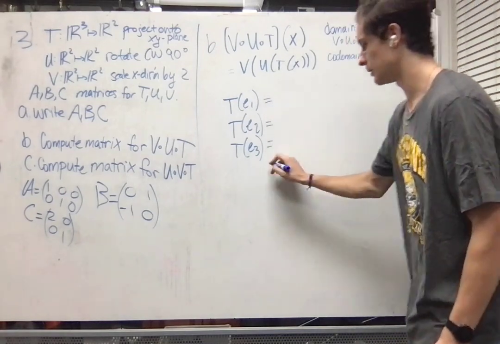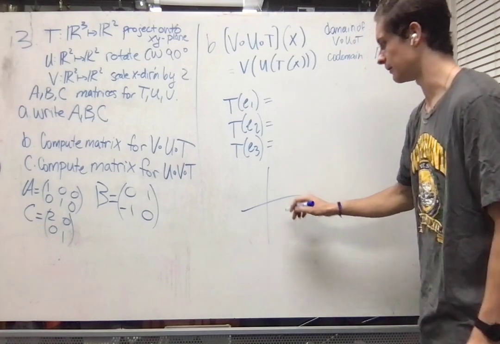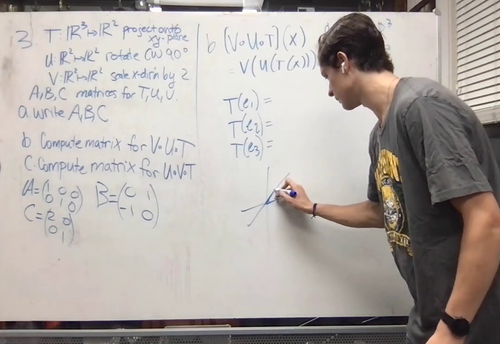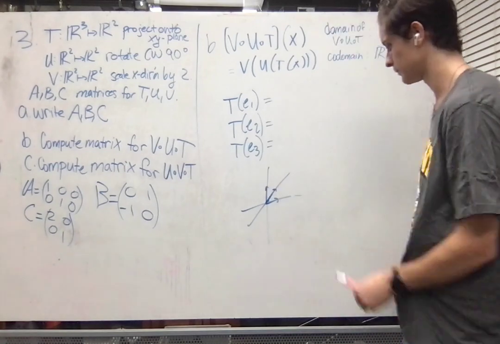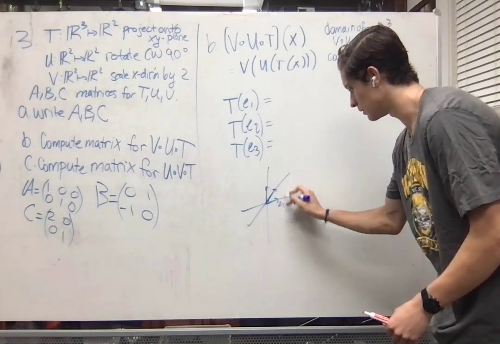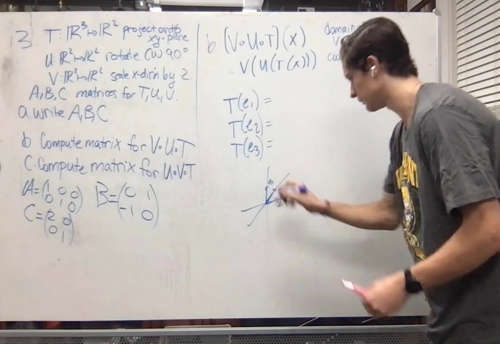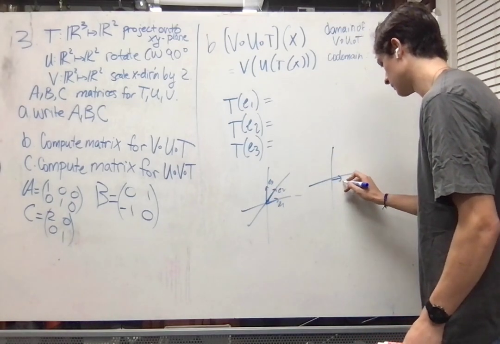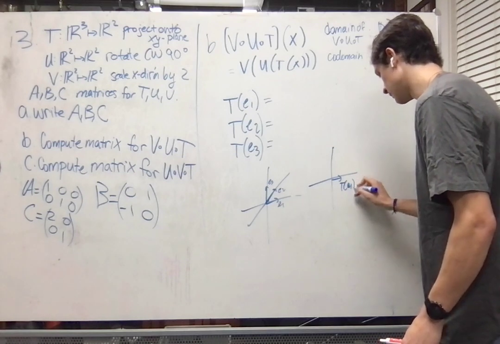So E1 is going to start in R3. So this is E1, E2, E3. Then E1 is going to go here. This is T of E1.